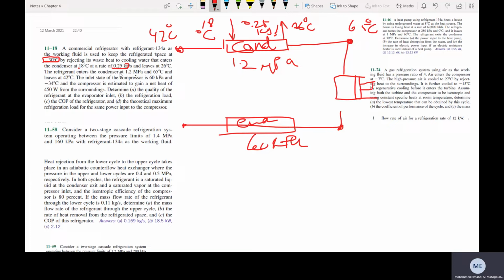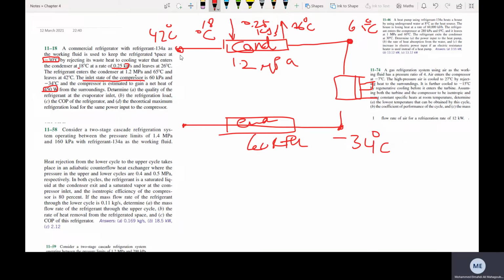The compressor is estimated to gain a net heat of 450 watts from the surrounding. So we are expecting an increased amount of heat of 450 watts from the surrounding. The inlet state of the compressor is 60 kilopascals and minus 34 degrees Celsius.